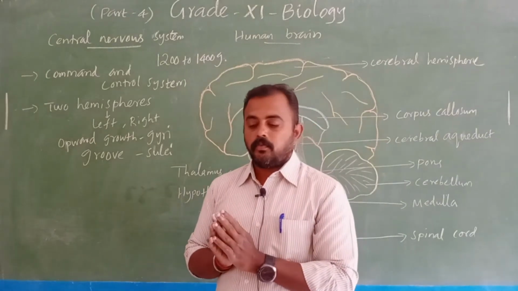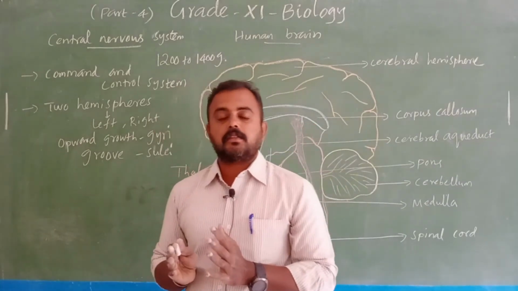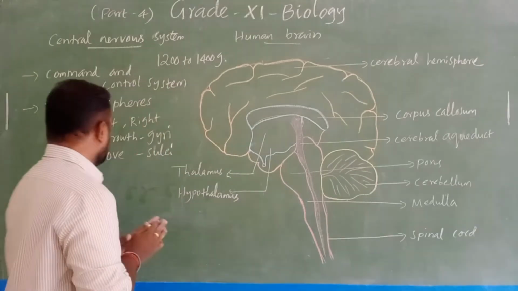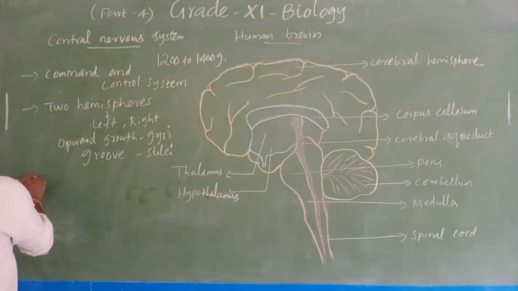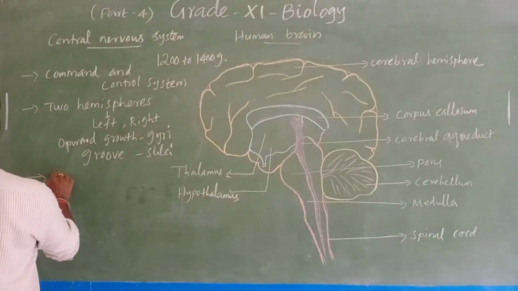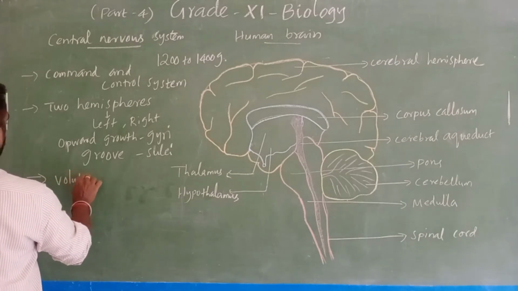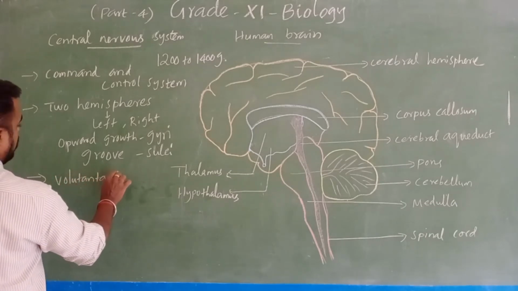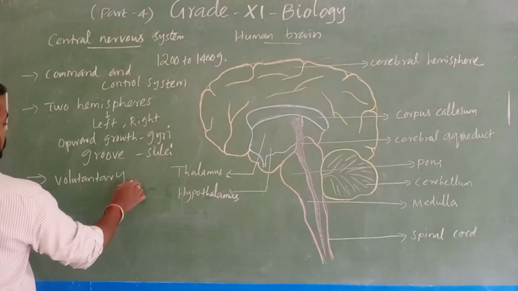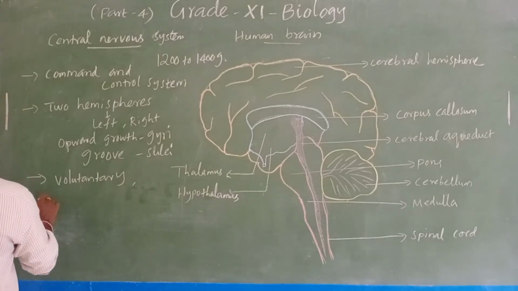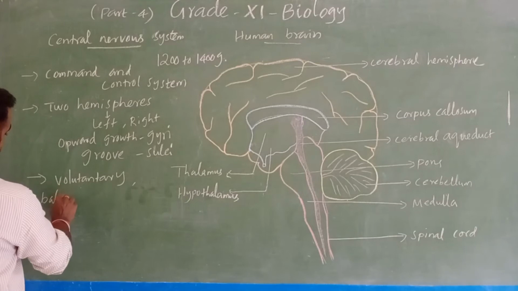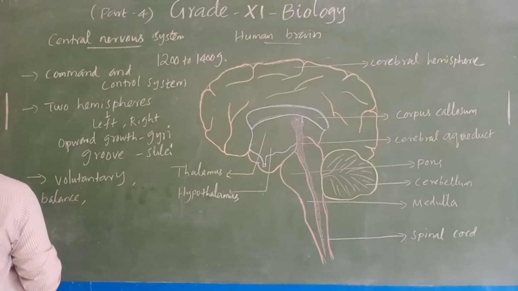Next, the functions of the brain, which does many functions. I will tell you. One is voluntary actions. The next, balance of the body.